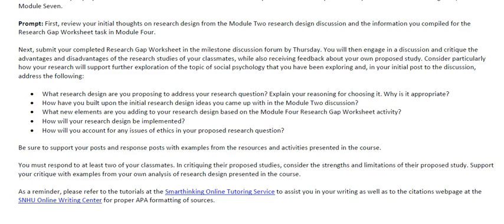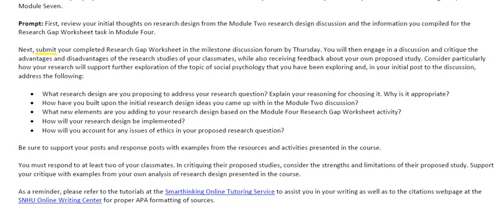Keep in mind that your hypothetical study should be logical, that it should be feasible, one that a researcher could carry out if they had the necessary resources. It is required that you submit the completed research gap worksheet in the milestone discussion forum.